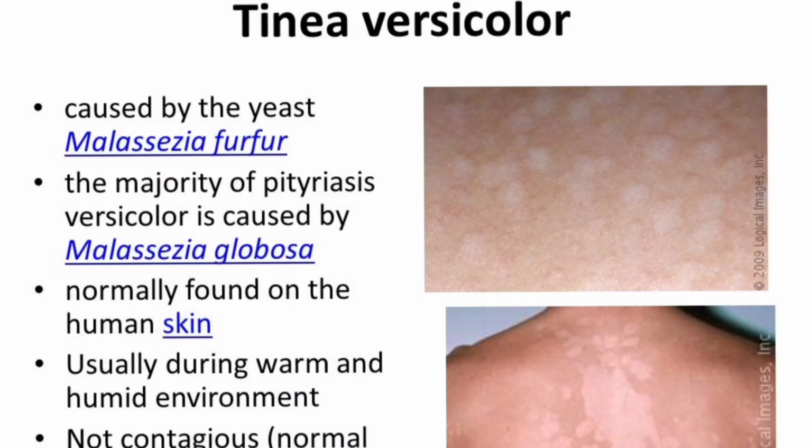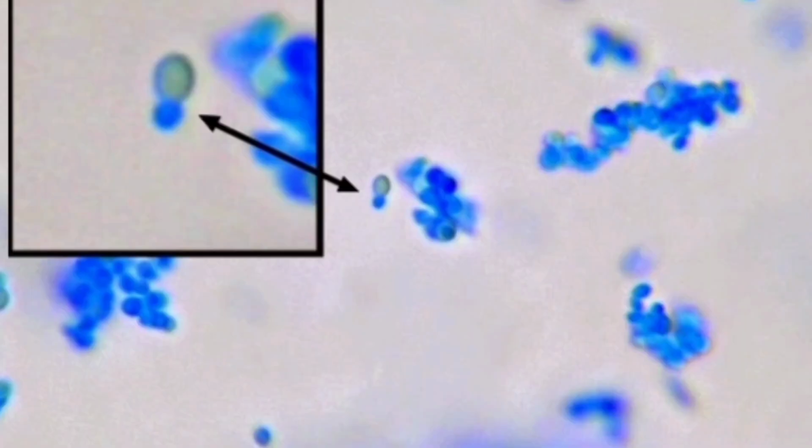Tinea versicolor, Malassezia furfur, is a superficial, brownish, dry, scaly patch in light-skinned patients and a lighter pattern on dark-skinned persons. Microscopically, you take the scaly skin and do a KOH preparation.